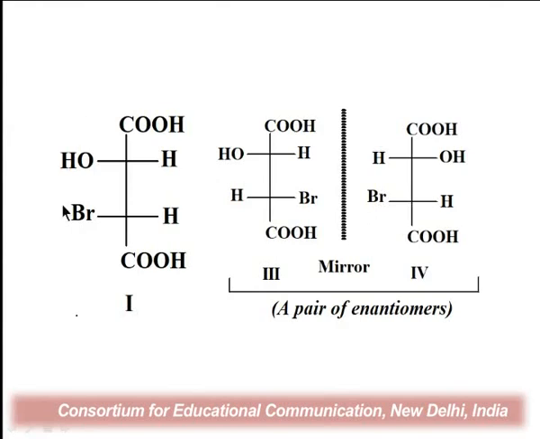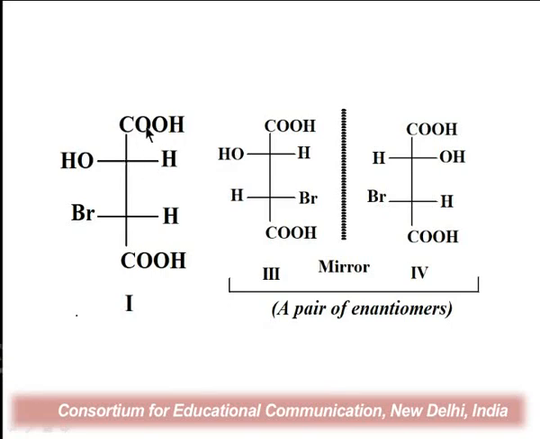Here we have one stereoisomer which has a chiral carbon attached to COOH group, OH, H, and the 4th group, which is CHBrCOOH. Now when we compare it to the 3rd or the 4th, we find that at the first carbon the orientation of groups is the same.